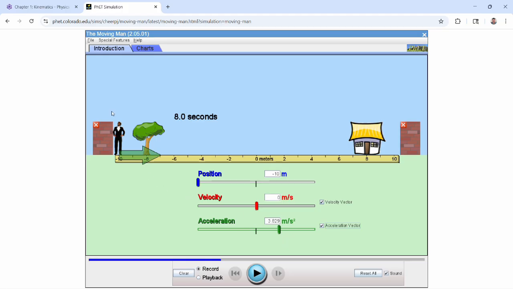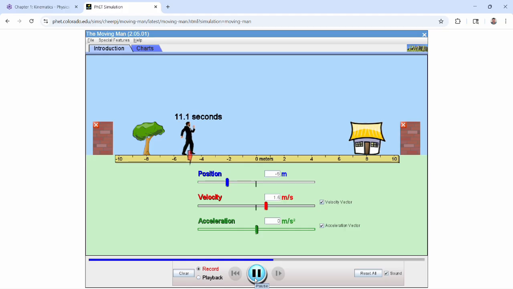So imagine the man starts on the left edge of this 20-meter stick. Let me zero this out. You know intuitively what positive velocity motion would be like.